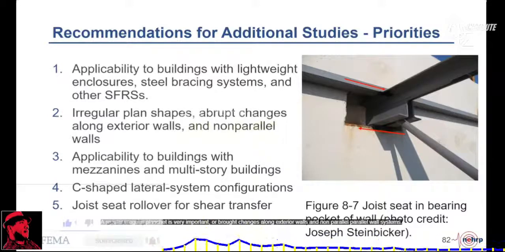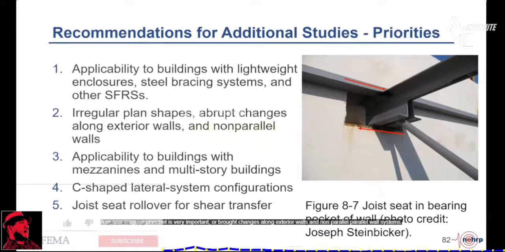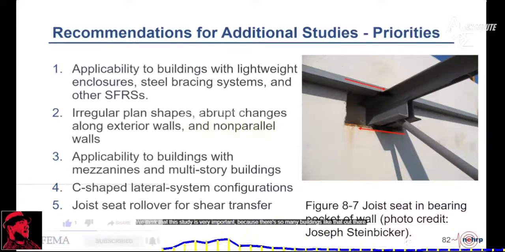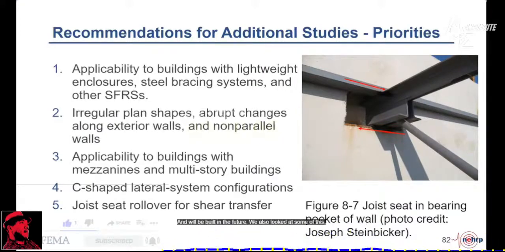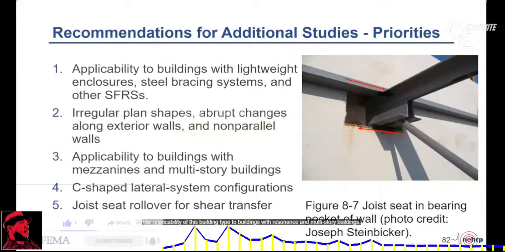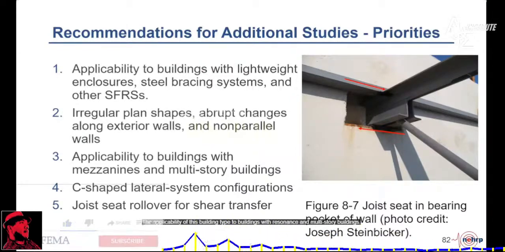Irregular plan shapes is very important, as are abrupt changes along exterior walls and non-parallel wall systems. We think that this study is very important because there are so many buildings like that out there, and they will be built in the future. We also looked at the applicability of this building type to buildings with mezzanines and multi-story buildings.